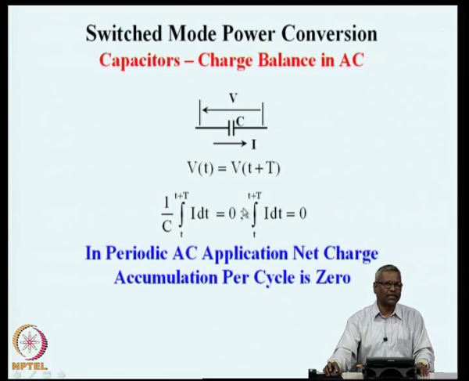Many times this relationship is useful in order to find several steady state performance figures for a capacitor in any typical switching circuit. In periodic AC application, the net charge accumulation per cycle is 0, which is another way of stating that under periodic conditions, every cycle the voltage keeps on repeating the same as the previous cycle.